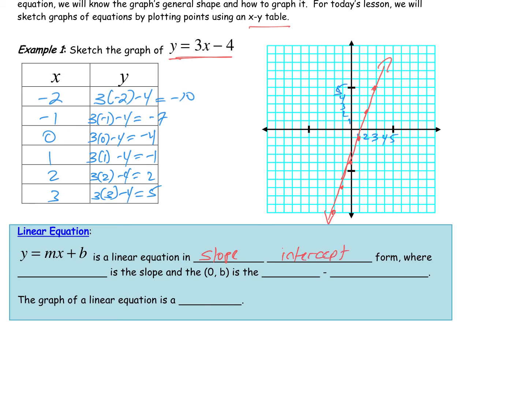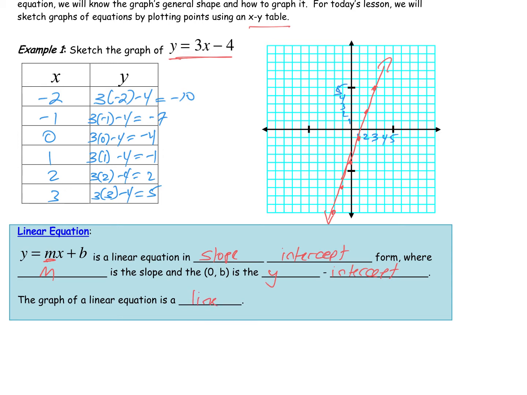There are other forms that we will talk about soon. In this case, m is the slope, and the coordinate 0, b is the y-intercept. I'm going to ask you to write the y-intercept as an ordered pair. That would be 0, comma b. And the graph of a linear equation is a line.